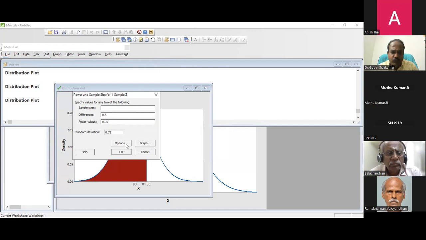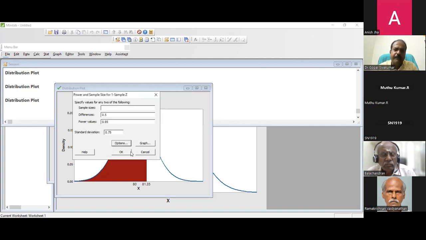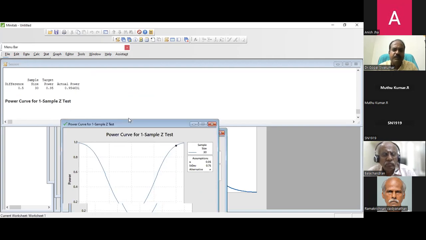Go to Options. It is two-tailed, and then significance level is 0.05, which corresponds to a confidence level of 0.95. I'm giving okay. Now Minitab has developed the power curve for me.